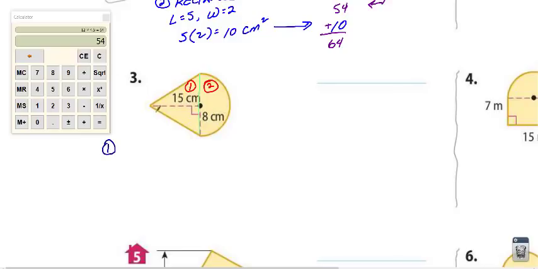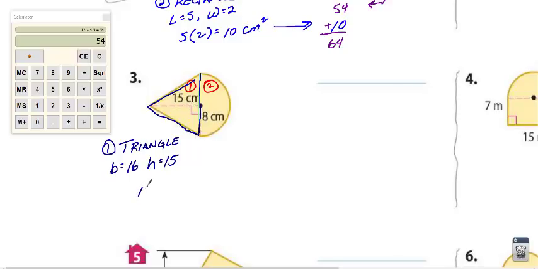Shape number 1 is a triangle. So for any triangle, I need to know a base and I need to know a height. Here the base, well, this piece right here is 8 centimeters, which means if I went all the way across this, if I was finding the bottom of that triangle, I would be looking at 16 centimeters, and I've got a height of 15 centimeters.